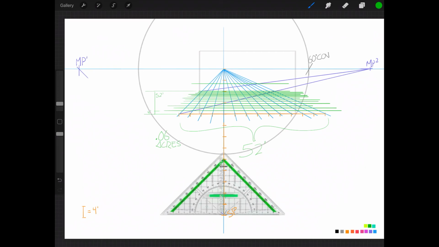So just by shrinking the canvas and pushing the grid up closer to the horizon line relative to the whole system, right? So the grid is not closer to the horizon line if the station point is closer. So relative to the position of the station point to the center of vision, the vanishing points to the measure points, and the distance between the station point and the center of vision that the ground line is, that distance directly affects the scale of our grid, right?